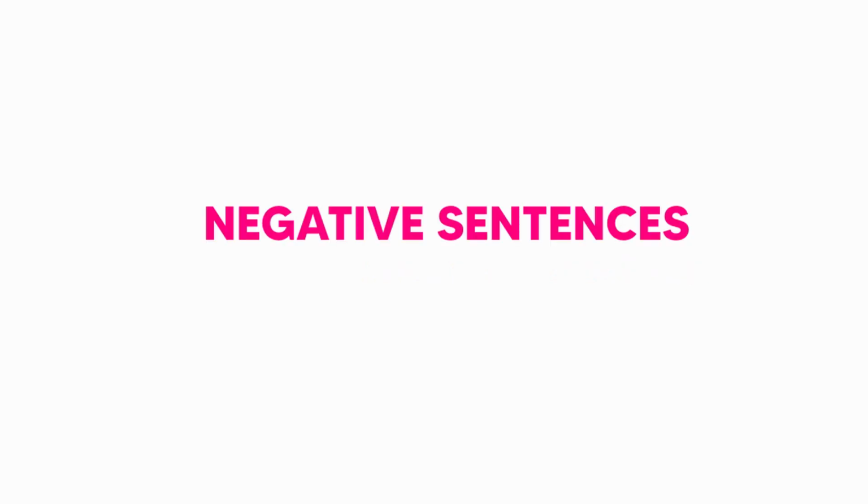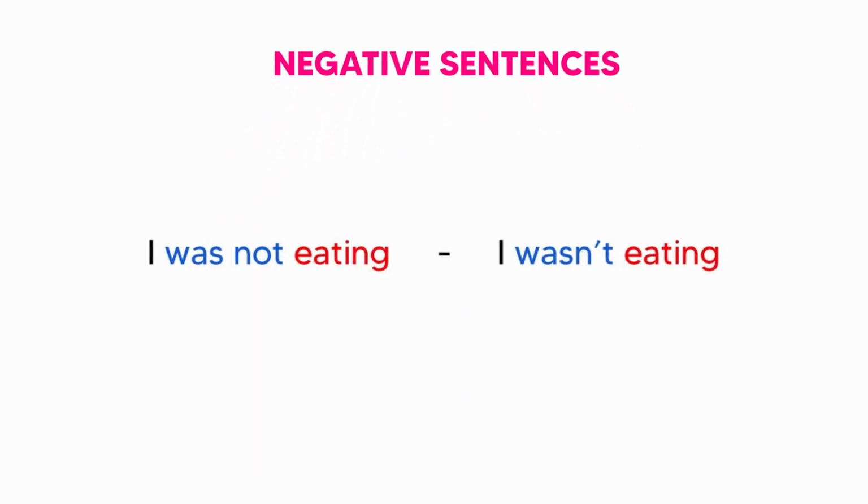And next, we've got some negative sentences. With the negative sentences, we can contract was not, and that becomes wasn't. With positive affirmative sentences, it's not possible to make a contraction. Let's have a look. I was not eating becomes I wasn't eating.